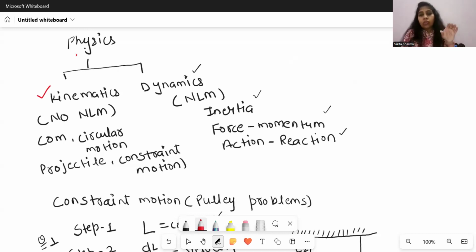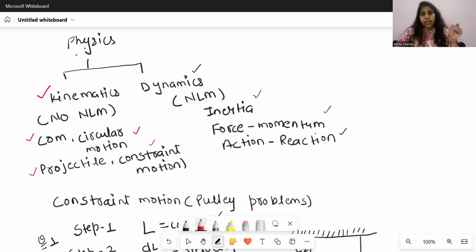That means we are solving our numerical questions without using the Newton's laws of motion. For example, the problems based on center of mass, the problems based on circular motion, the problems based on projectile, and the problems based on the constraint motion. We are not using the Newton's laws of motion when we solve these problems. This is the reason we put them in the category of kinematics.